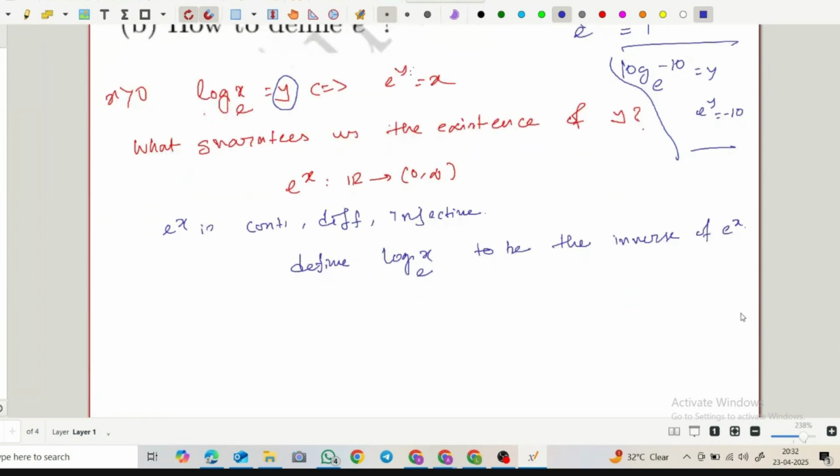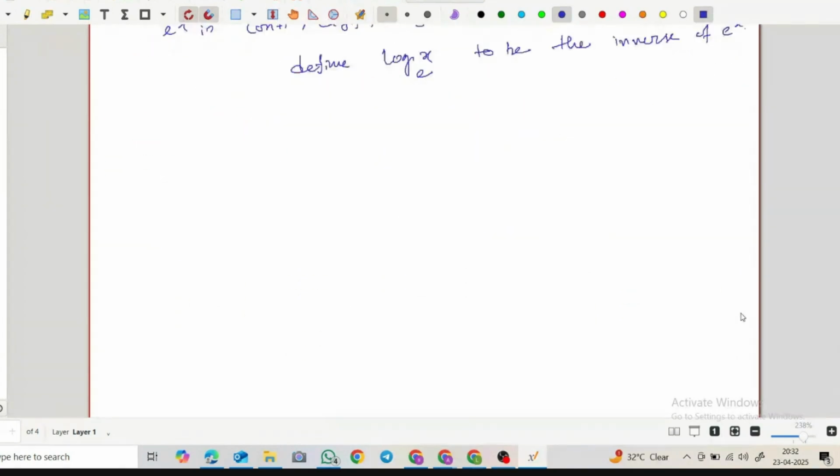How do you define e to the power x? Is my question clear?